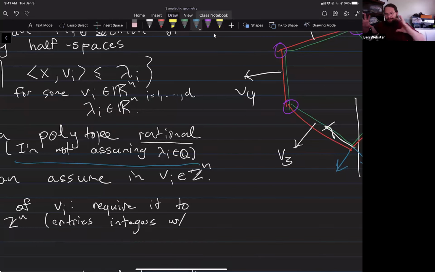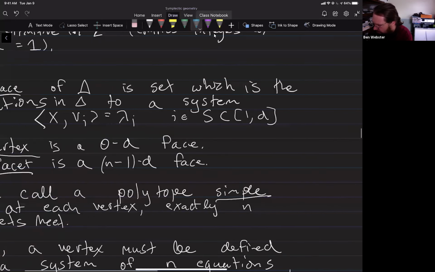And I'm free to kind of stretch and shrink my polytope continuously and have lots of irrational length distances between things. But it's sort of the angles at the points where hyperplanes meet, or more generally at vertices, that determine whether something is Delzant or not.